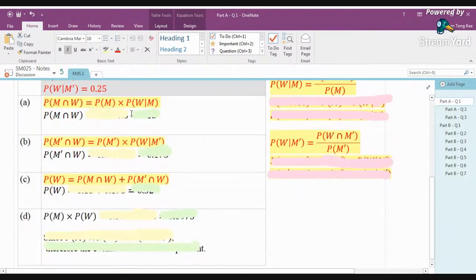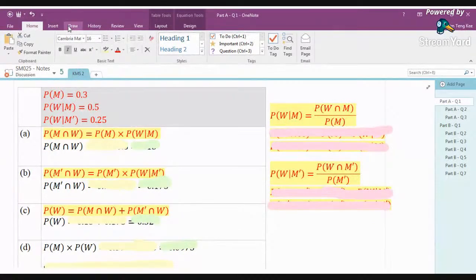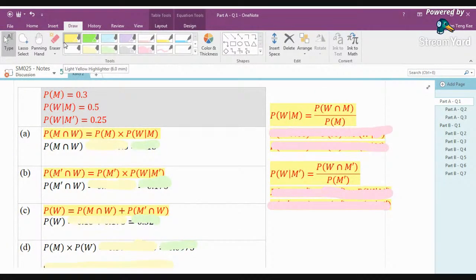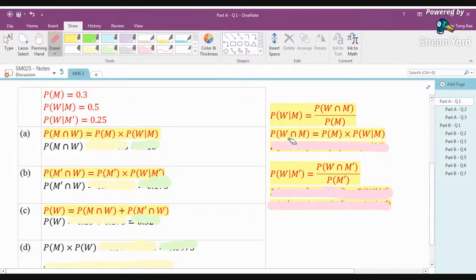Okay, now first one. If I want to have the answer for P(M intersect W), what I need to do is use P(M) multiplied with the conditional probability P(W given M). How I can do such a thing is that if we refer to the definition of P(W given M), this is what happens: the intersection divided by P(M). We rearrange this equation, and you will find that the intersection between W and M equals P(M) multiplied by the conditional probability.